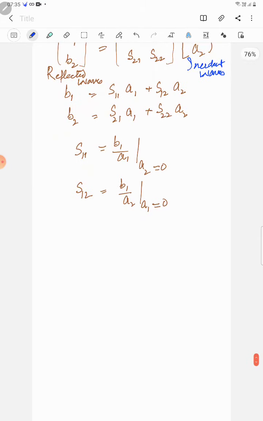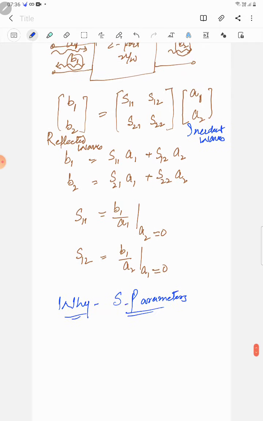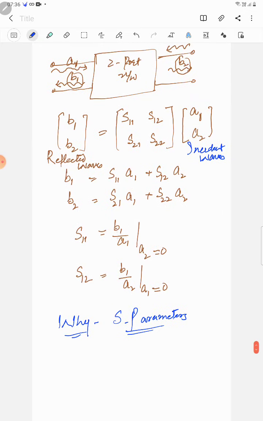So the question now is, why do we use S parameters? Why S parameters? Before we discuss this question, just to tell you that these S parameters represent the reflected and incident waves. For example, S11 is B1 upon A1, S12 is B1 upon A2.